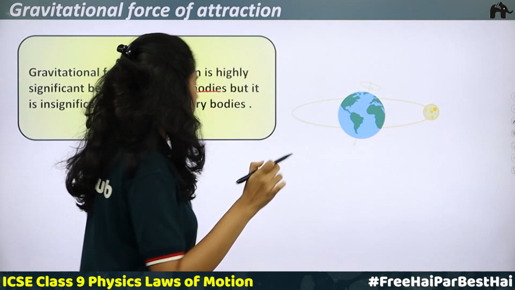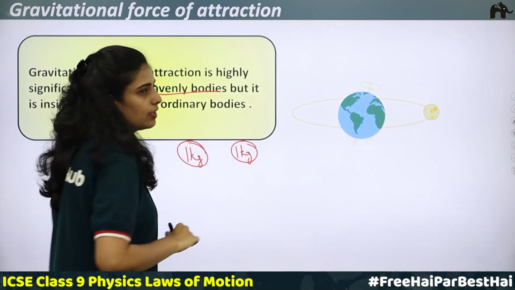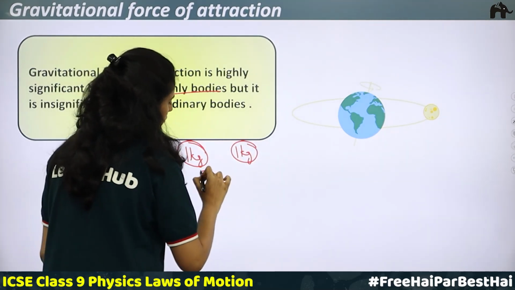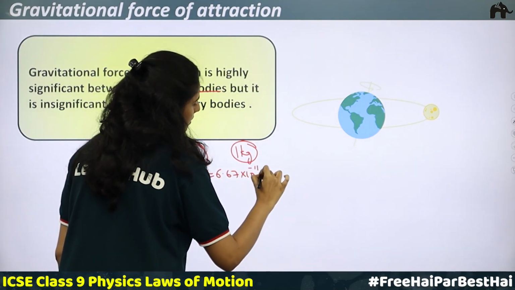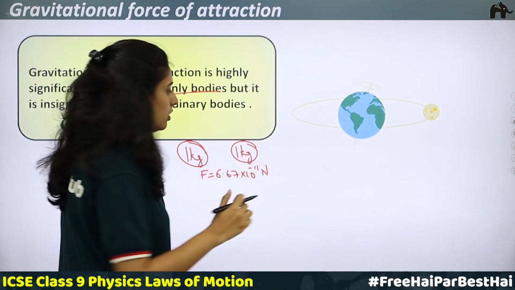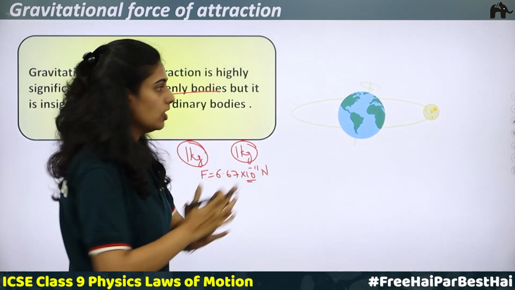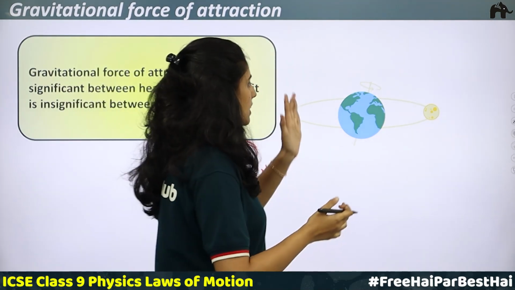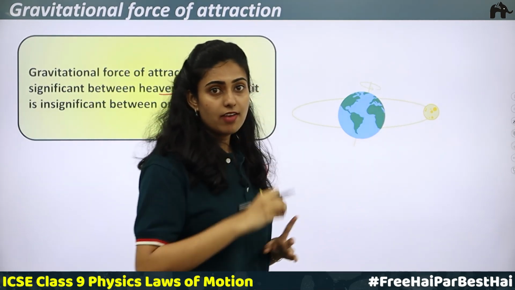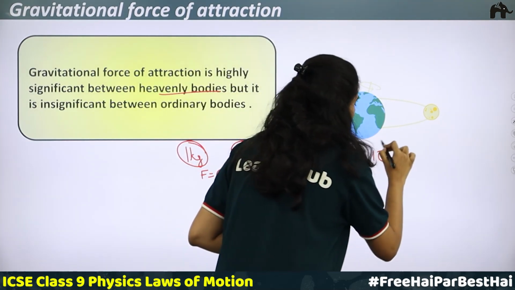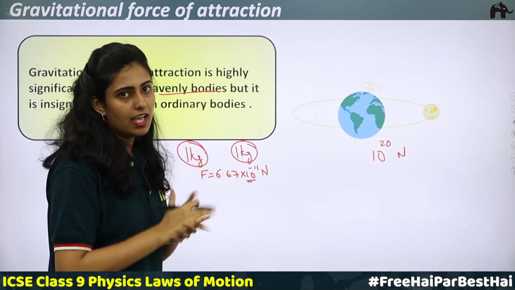So in the first example, when we had taken 2 masses of 1 kilogram, we had got force F is equal to 6.67 into 10 raised to minus 11 Newton. Here you can see the power is 10 raised to minus 11 Newton, which means it is a very small value. When we took the second example, the gravitational force of attraction between Earth and Moon, we got a value which had a power 10 raised to 20 Newton, which means it is very significant, a very high value.